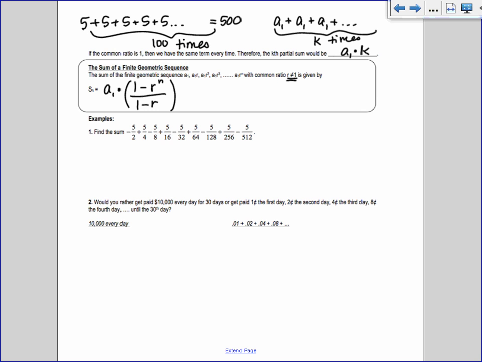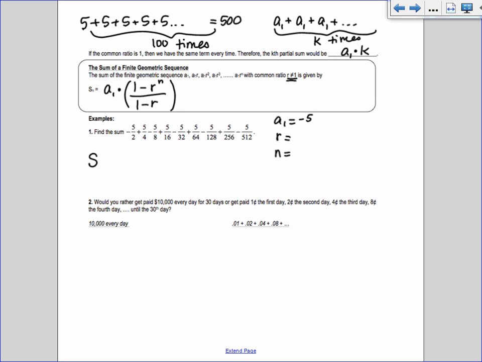All right, so for this first example, I have negative 5/2 plus 5/4 minus 5/8, and so on. In order to find the sum of all the terms, I need to know 3 things. I need to know A1, I need to know r, and I need to know n. What's A1?